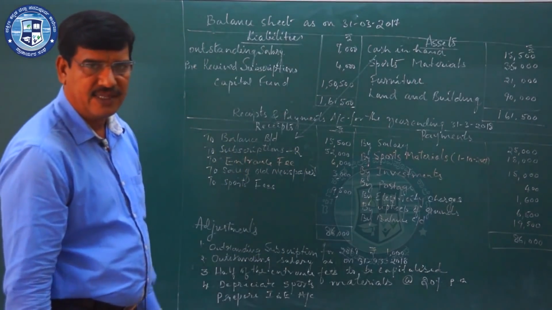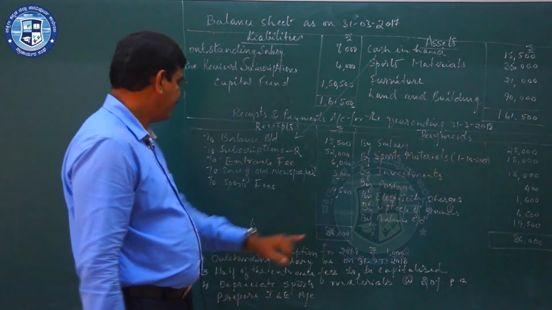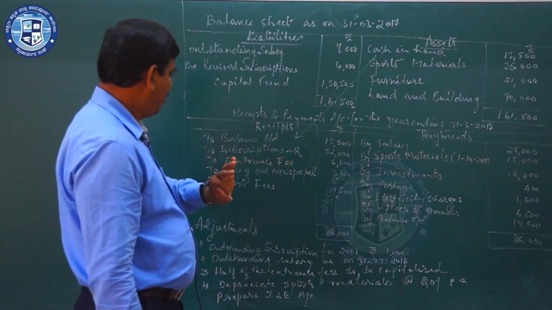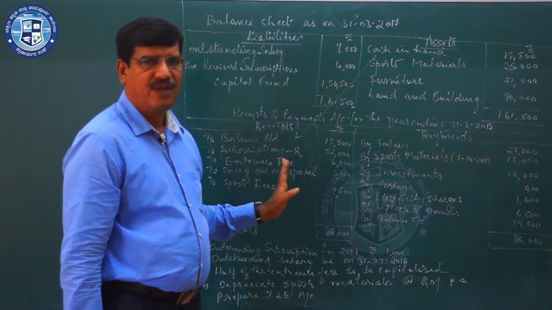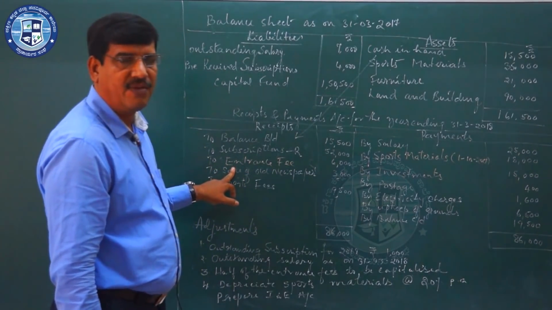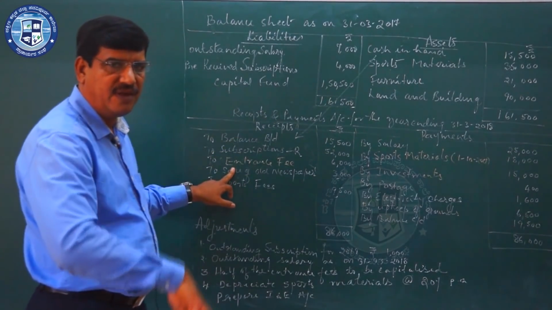So where do we have to write them? We have to write them in the income and expenditure account. Entrance fees: when there is no instruction, we must consider entrance fees as a revenue item because they are recurring, repetitive in nature.